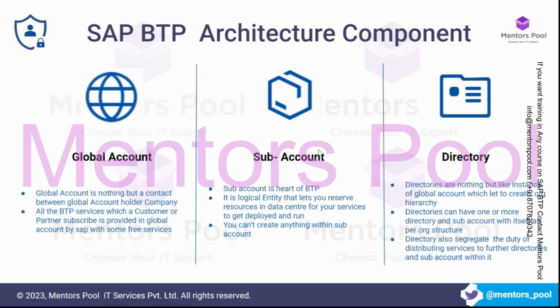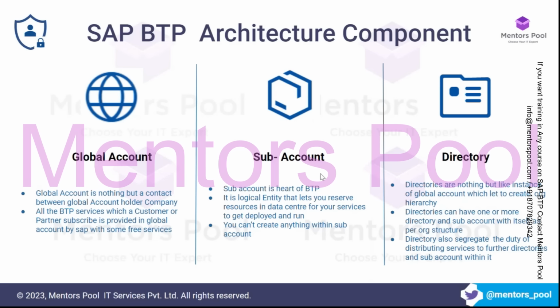Sub account is the heart of BTP, I will say. Whatever services you subscribe to, you actually subscribe in a sub account. I said SAP gives all the services in the global account, and now I am saying we have to subscribe to a service in a sub account. But if it is available in the global account, how can I subscribe in a sub account? I have to allocate these services to the sub account.